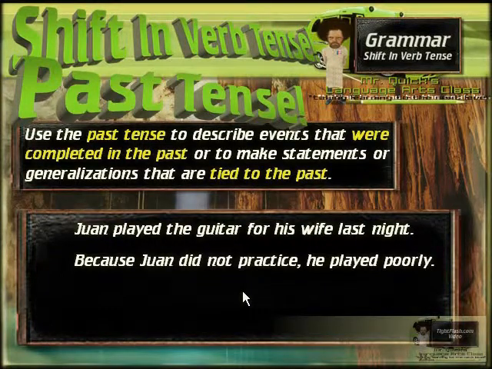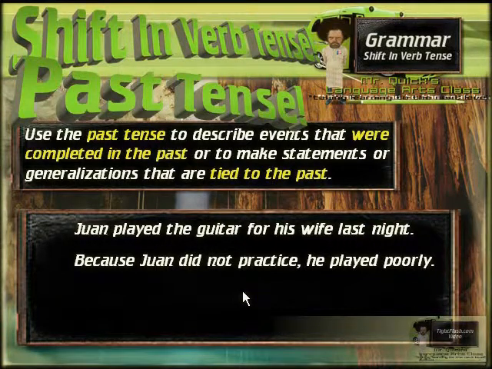Because Juan did not practice, he played poorly. So now we have something to go on. That sentence above it gives us something to go on as far as how the tenses should play out in the next sentence.